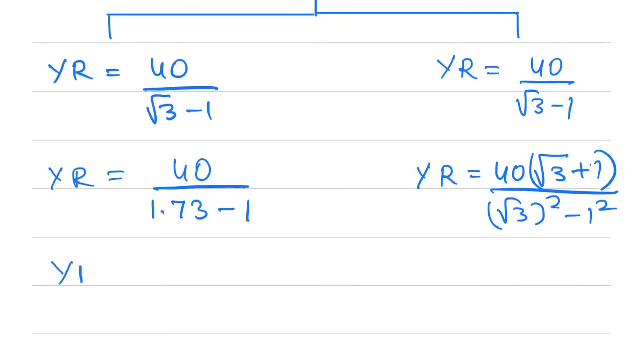So this would be YR is equal to 40 by 0.73.